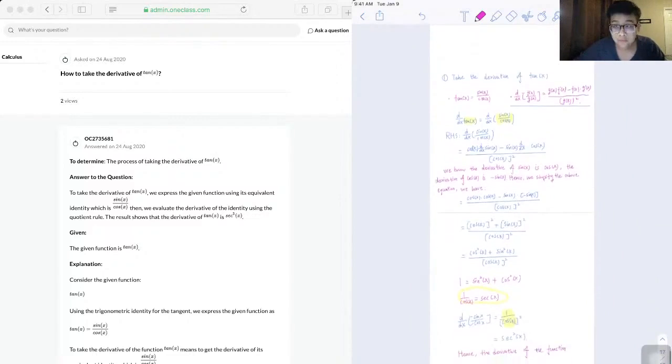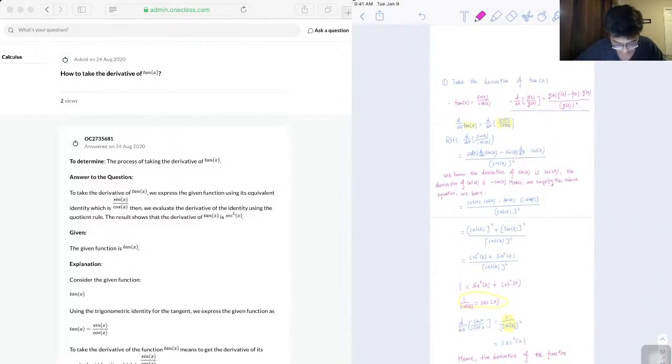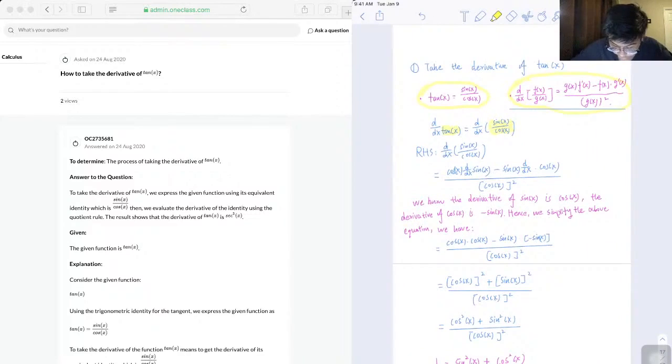So let's recap what we covered in this question. The first thing is we need to know that tangent is equal to sine x over cosine x. And then we need to apply the quotient rule, which is given by this part. And don't forget, for the denominator part, there's an exponent of 2.